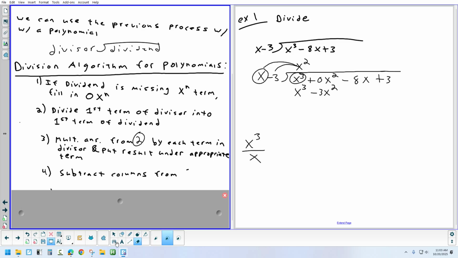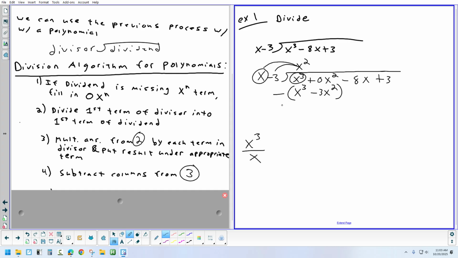Now you are going to subtract the columns that we just made in the last step. The way I do that is like this. Luke, what's x cubed minus x cubed? Zero.